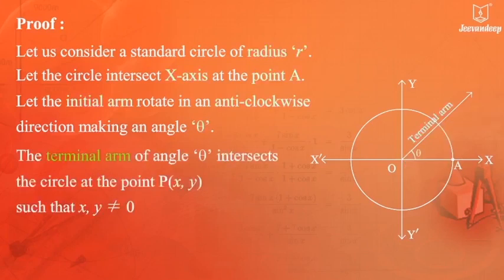The terminal arm of angle theta intersects the circle at the point P with coordinates x, y such that x and y both do not equal 0. Also, OP equals r, that is, the radius.